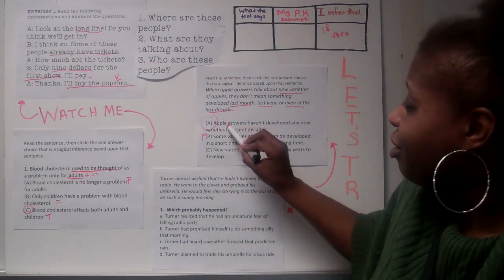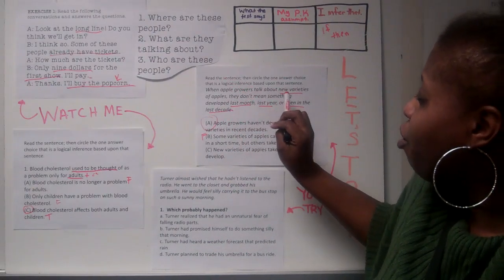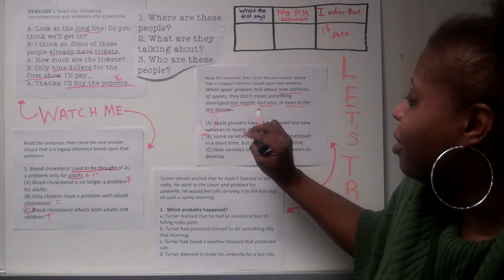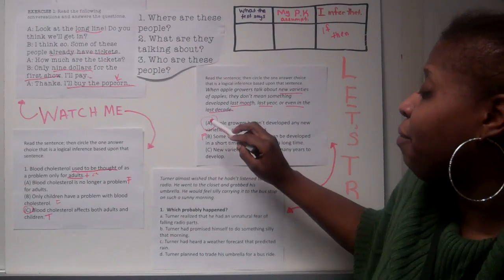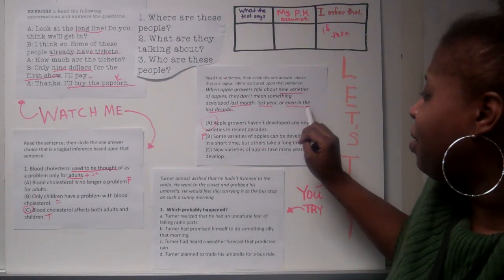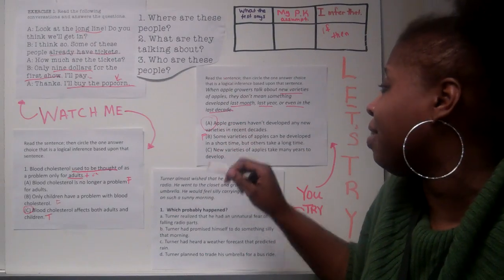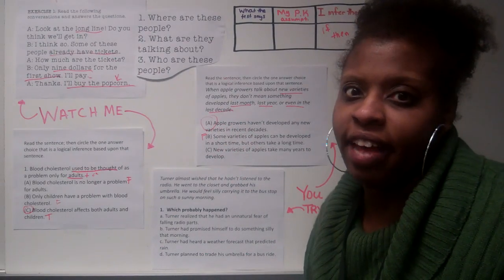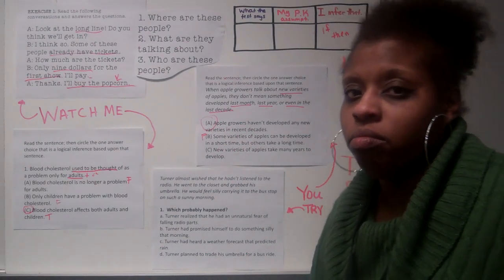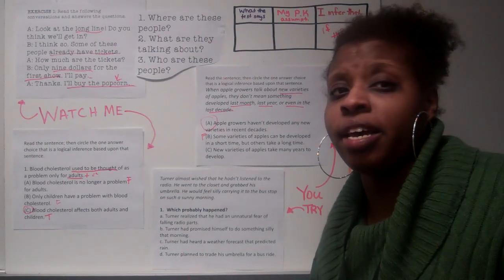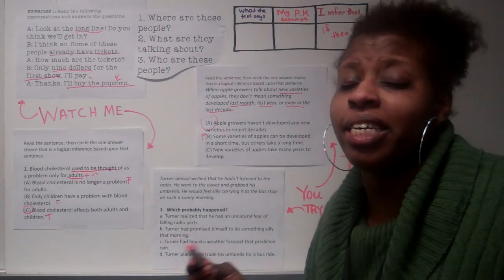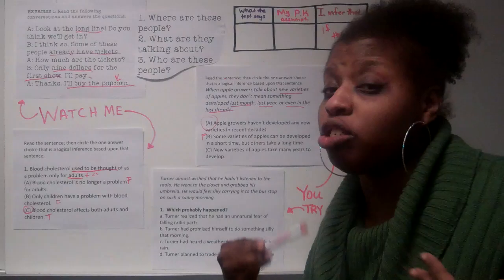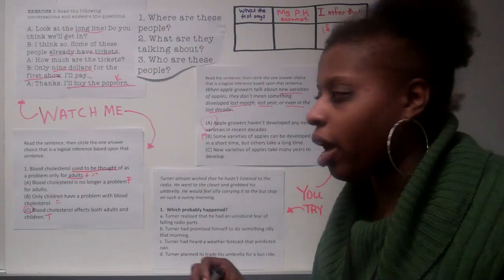A is the best answer because apple growers talk about varieties, but they don't think of something that was developed last month, last year, the decade. So that leads us to believe there's been no new varieties of apples in decades, which prior knowledge says there hasn't been. You have your basic apples, Golden Delicious, Granny Smith, those types.